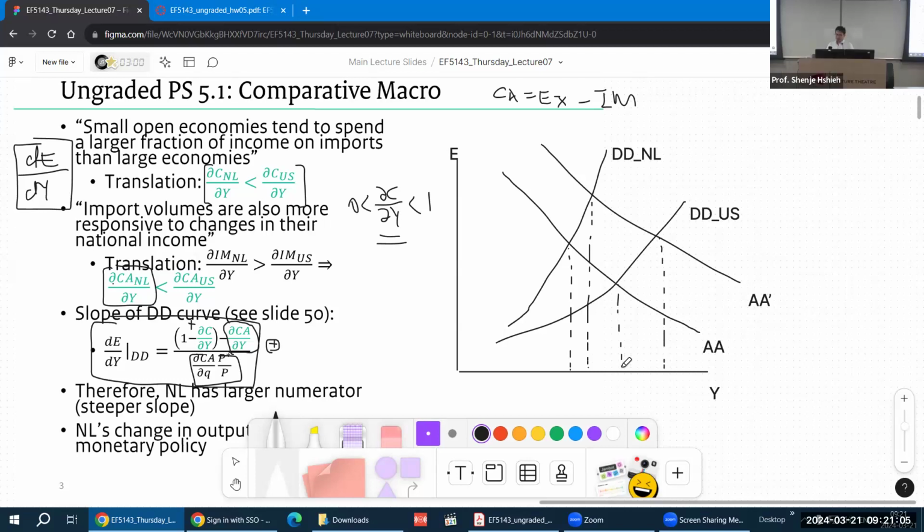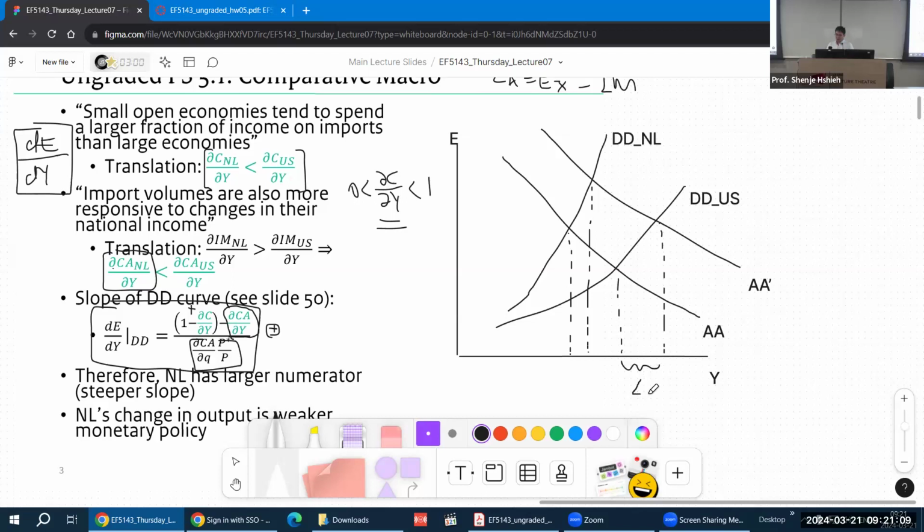And our conclusion should be that the US seems to have much more effective monetary policy, not surprisingly, because if they do conduct monetary policy, more of the additional wealth that they get from having a depreciated currency, and therefore higher net exports, actually goes towards domestic consumption, right? Whereas the Netherlands, because they have a bias towards foreign goods and savings abroad, their delta Y is smaller, right?